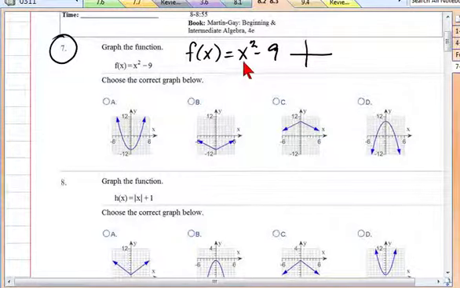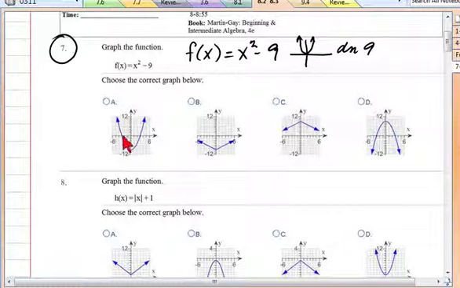It's x squared, so it will be the U. That's the first thing in your mind you have to identify. The next thing, there is a subtracted 9. Is that inside or is it outside? It's outside, so which way is it going to shift? Down 9. I am looking for a U that has been shifted down 9 units.